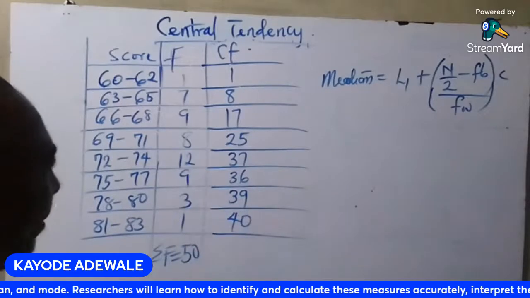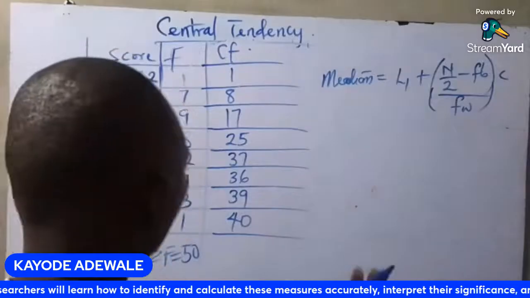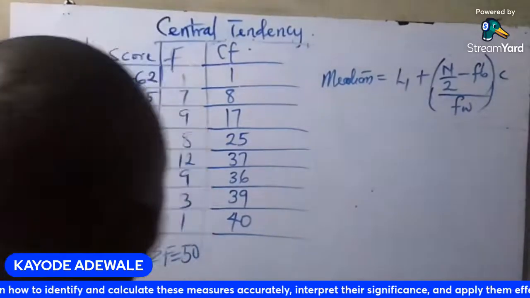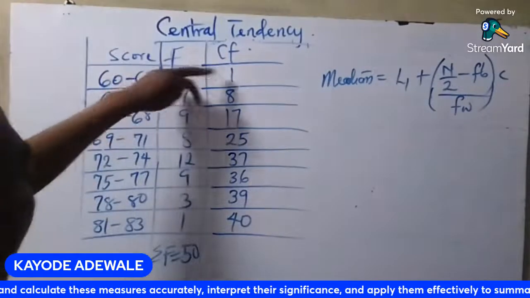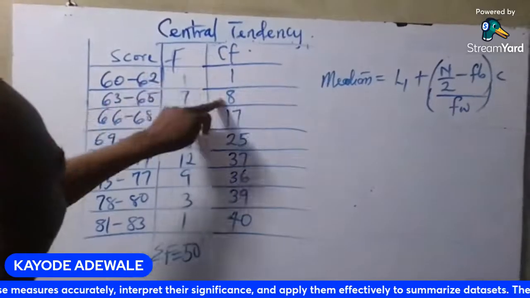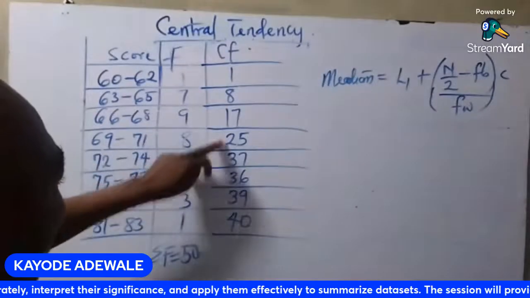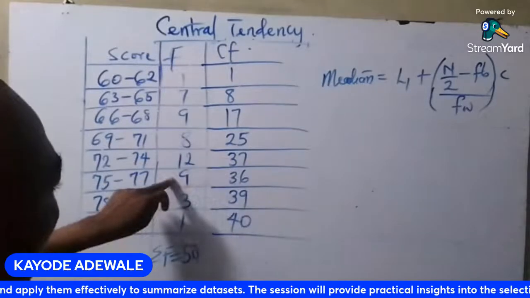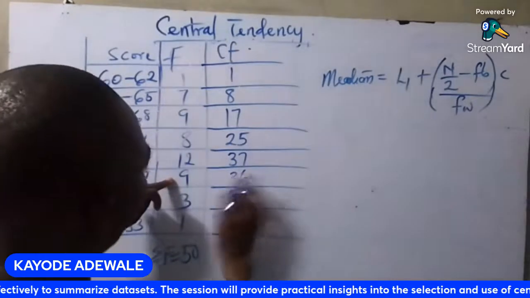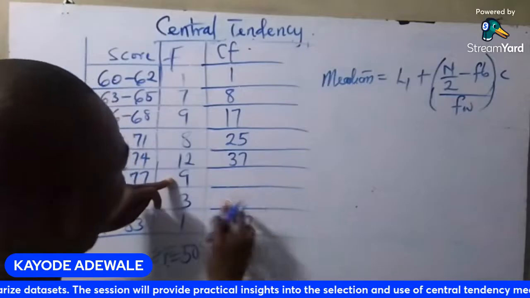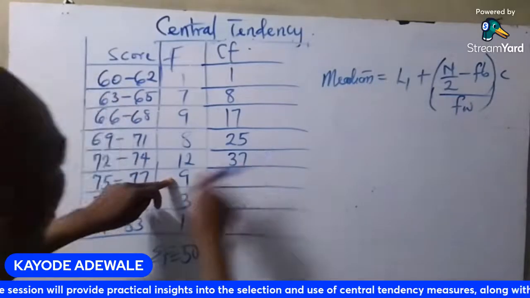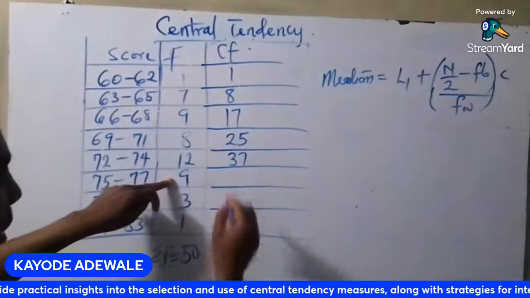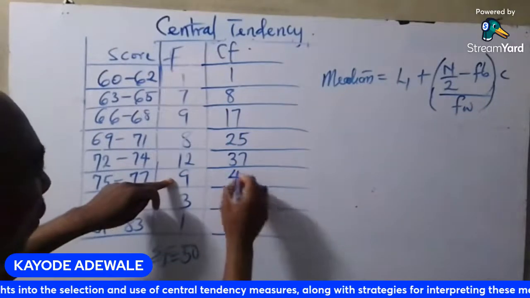I think there is a little bit of error in what we did here. Let's check it again. 1 plus 8, okay. So when we add this to this, that will give us 37. When we add 37 to this, oh, this is where the error lies. So let's look at it here. When you add 9 to this, of course, this will give me 46.